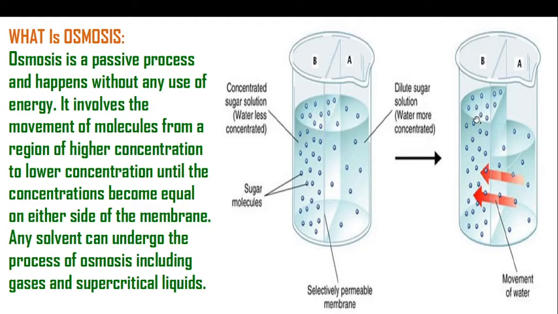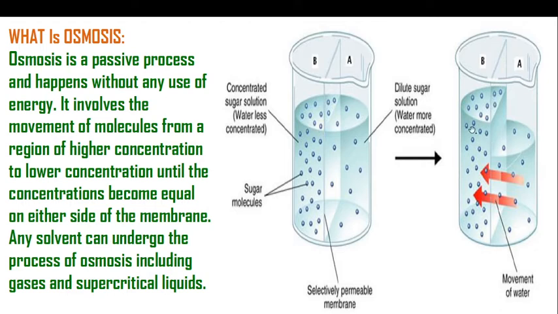So what happens in this case? The water molecules are transferred from side A to side B, because side A has the higher concentration of water and side B the lower.